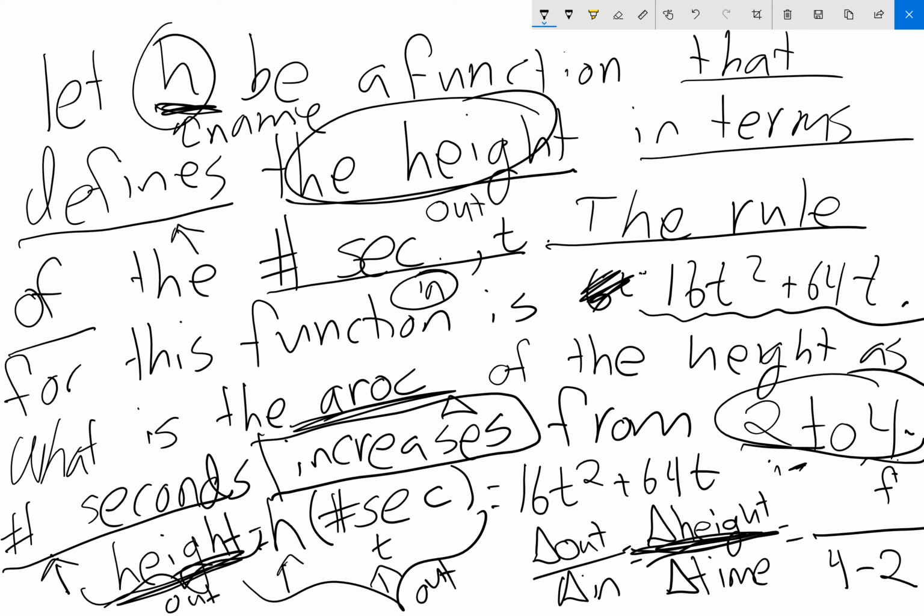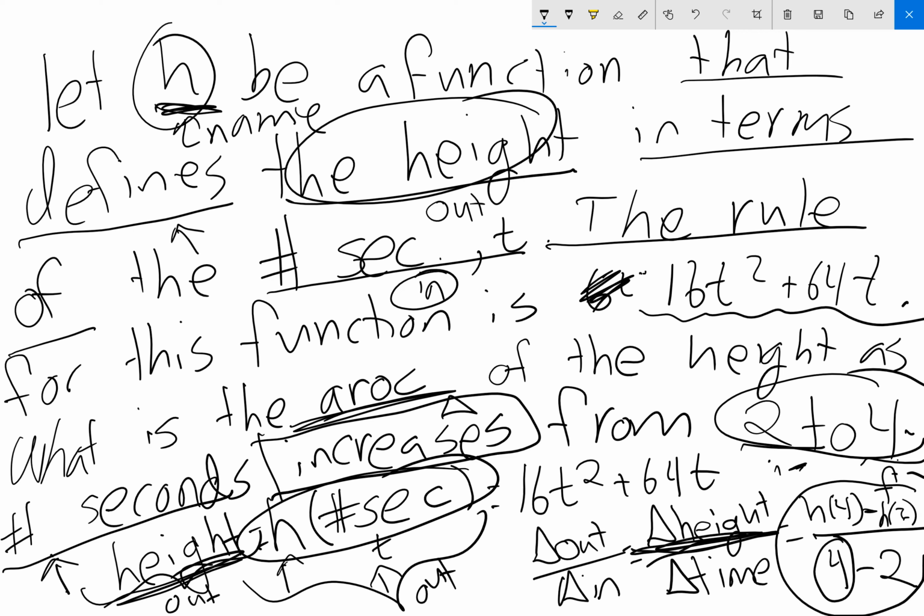By plugging in our input to the h function. So h of 4, right? Because 4 is our final input, minus h of 2. And then we can figure this out by doing everything we did in the last problem. Make sense? So you might see something like that later. So know that it's the same thing.